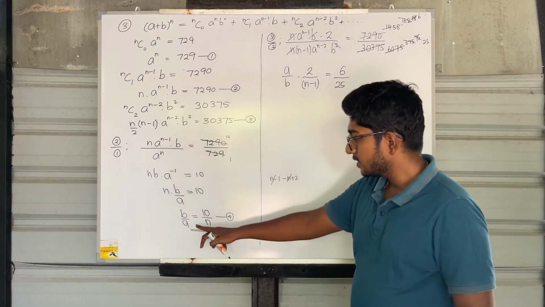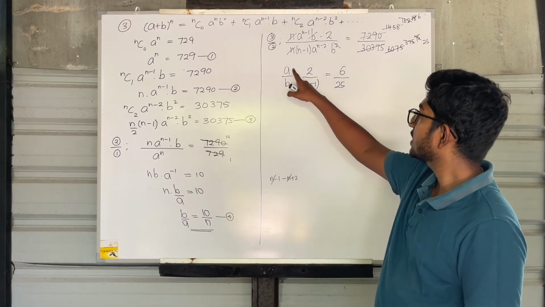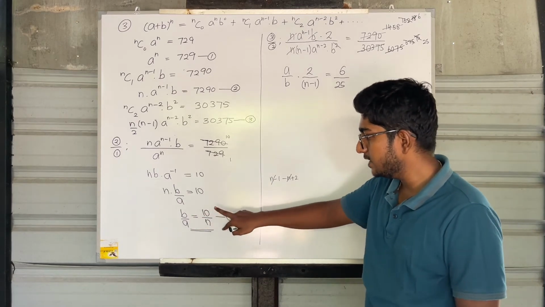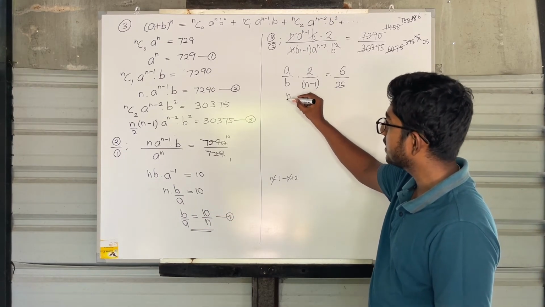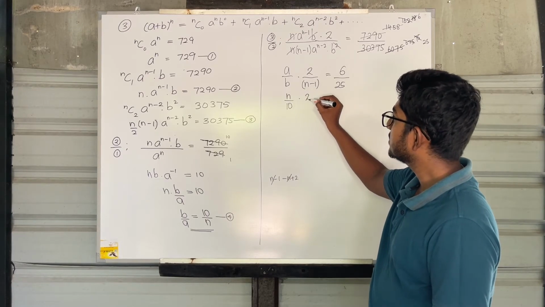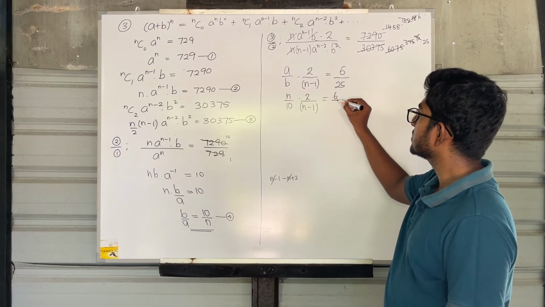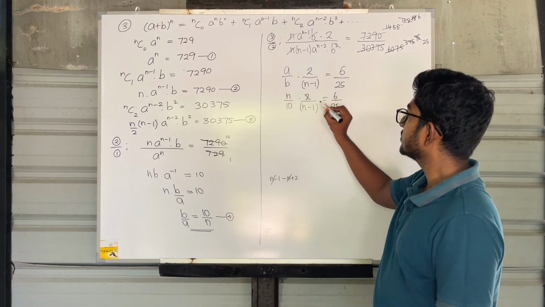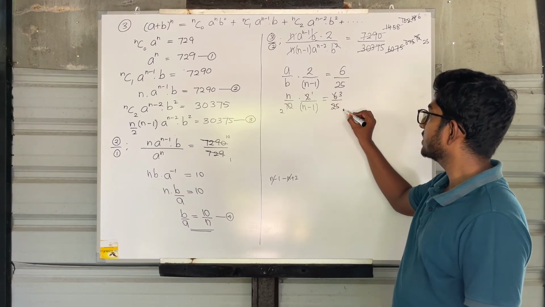Now this is B over A. Here I have A over B. So A over B is reciprocal. So I can substitute that as n over 10. This is 2 over n minus 1 equals 6 over 25. So 2 times 1, 2 times 3. 5 times 2, 5 times 5.